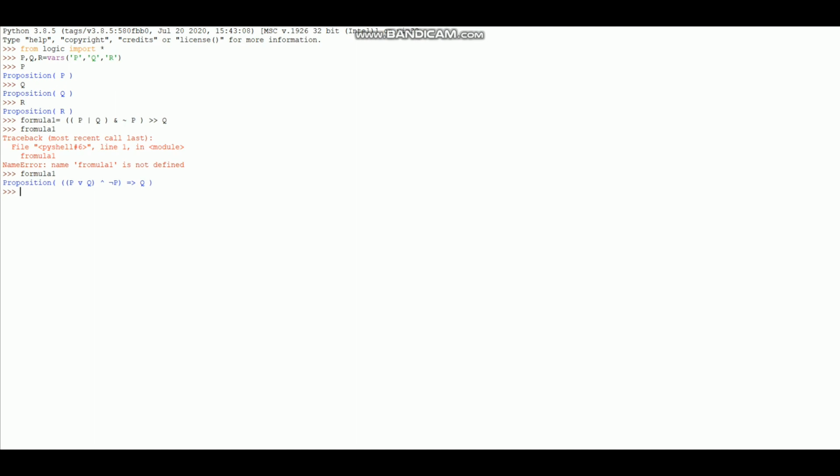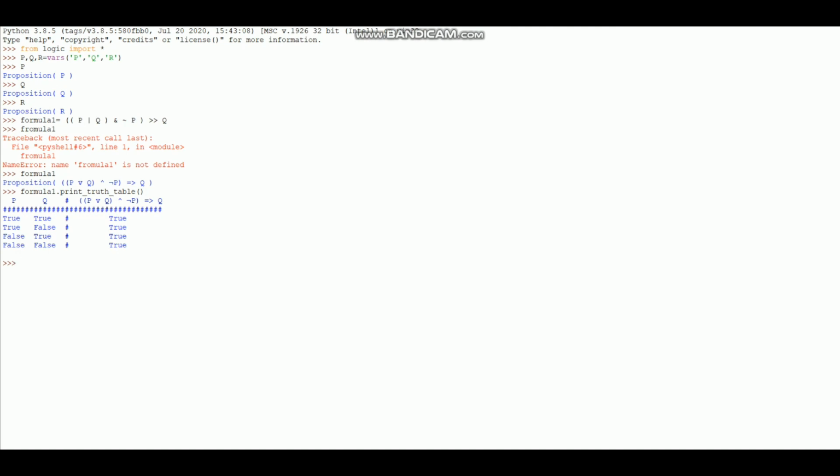We can also print the truth table of formula 1 using the function formula 1 dot print_truth_table. And here we can see the result of all is true, that means it is a tautology.